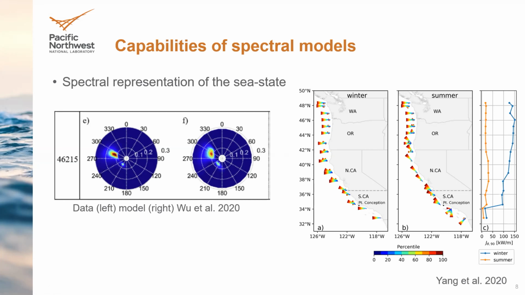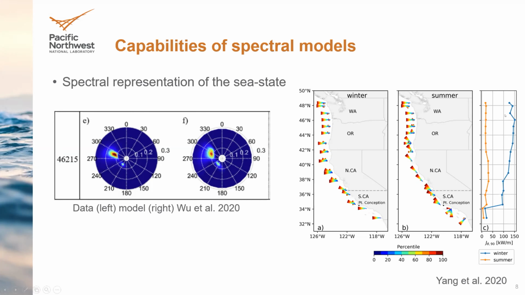But Southern California is more clean, everything mostly coming from the west. Now, in the summer, that flips. Northern California has a more uniform direction because of the northerly winds. And then in the south, you have some swell coming from the south and then local generation.